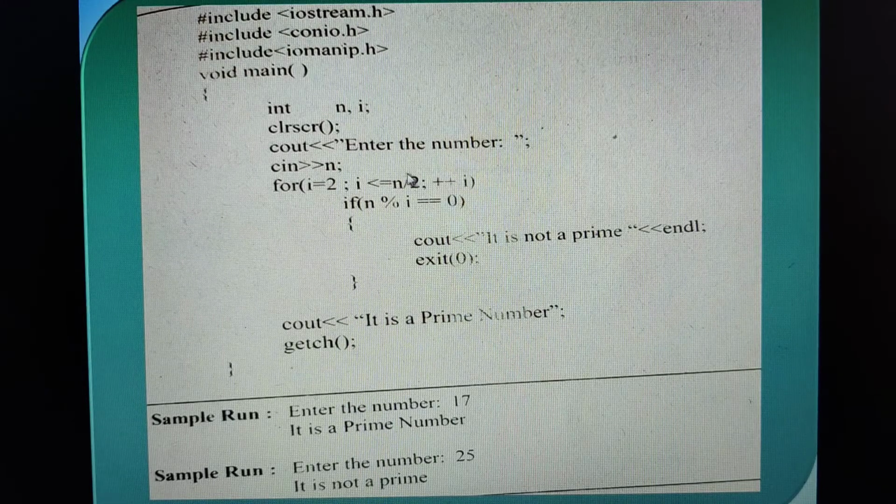On satisfying this condition, the control moves to the true part of the for loop, that is the if statement, n mod i. If I take 20, the first value of i is 2, and 2 is less than or equal to 10. On satisfying this condition, I do the modulus operation 20 mod 2. Is 20 completely divisible, with the remainder 0?